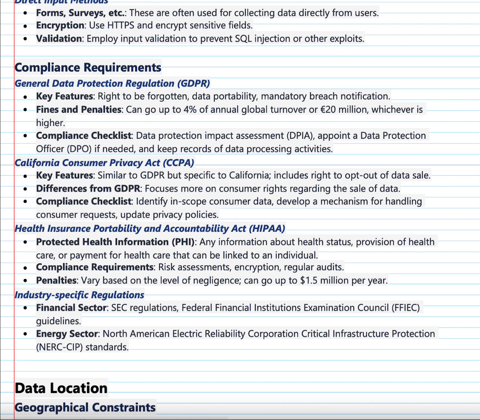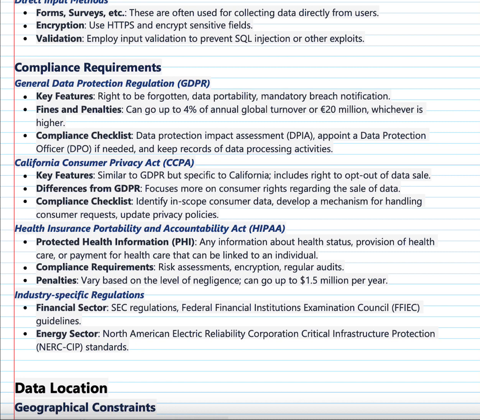Well, if you deal with that, that could get very expensive very quickly. So it could potentially go up to $1.5 million per year that you would have to pay. Well, if you're a small business having to pay a fine based on not storing your data correctly, yeah, you're going to go out of business. It's not good. So you want to ensure that you are protecting people's patient information.